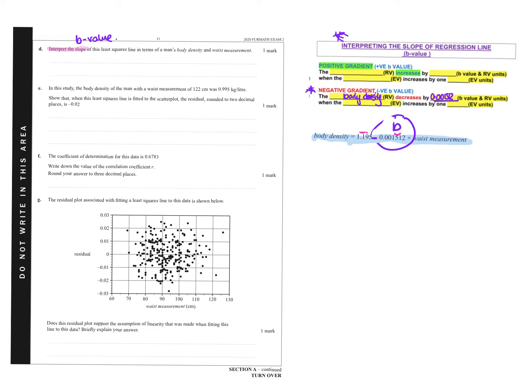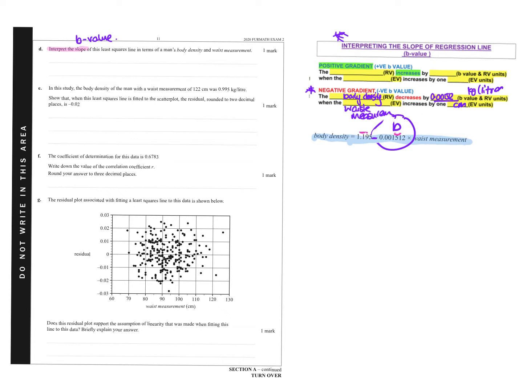So there was whatever body density, which was kg per litres, and then you have to write the waist measurement. So you put the EV there, increases by 1, and you write centimetres, the unit for the EV.